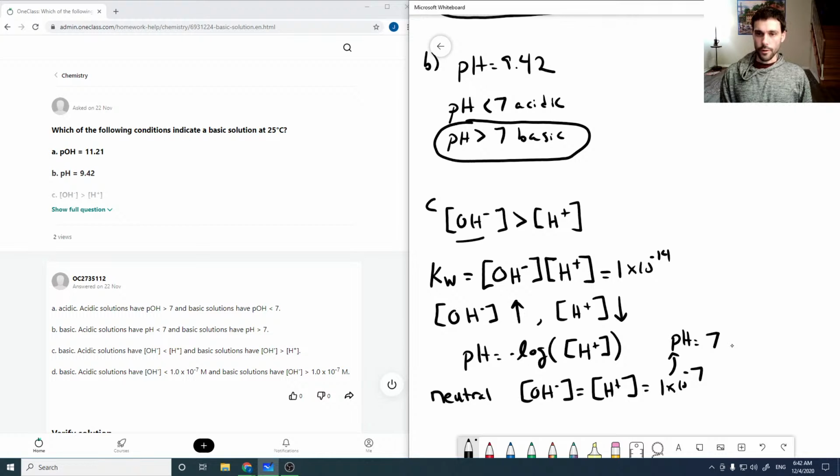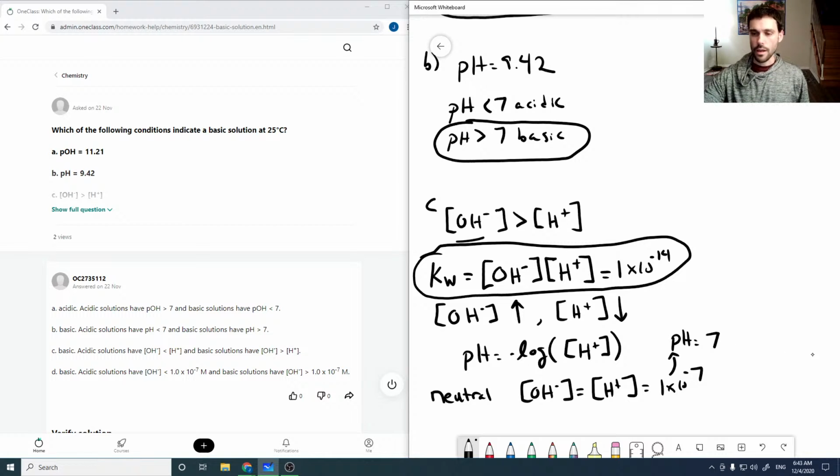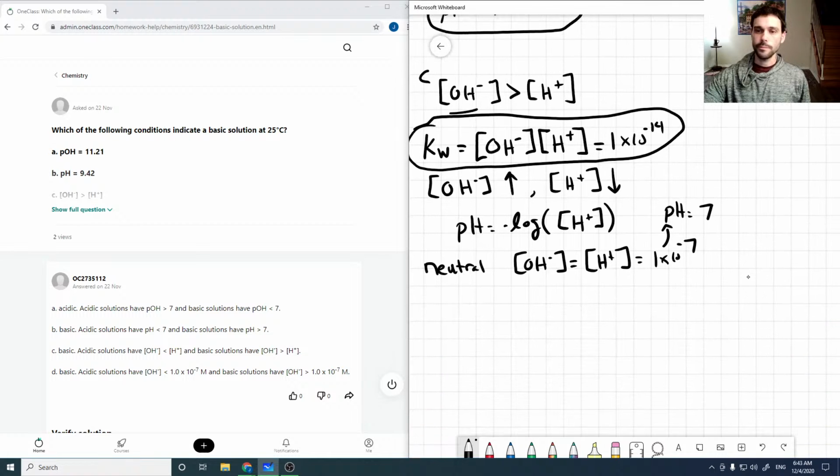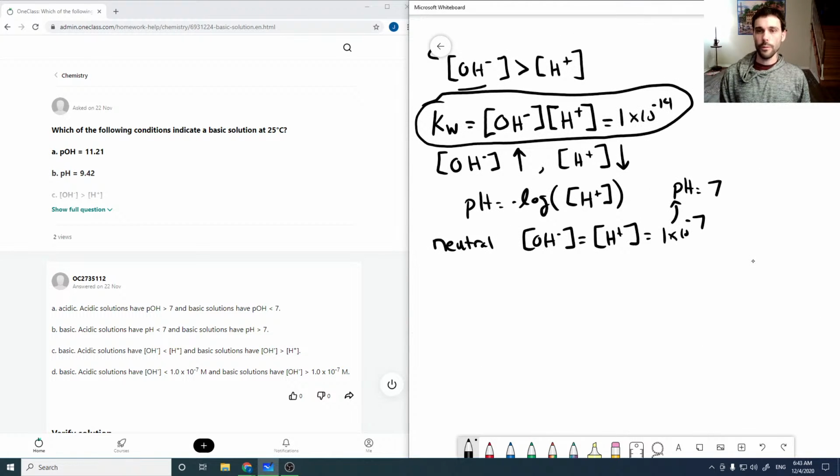So if your OH minus concentration is greater than your H plus concentration, it means, because of this relation here, that your H plus concentration must be less than 10 to the minus 7. And if it's less than 10 to the minus 7, that means that your pH must be greater than 7. Right? And so that would be a basic solution.